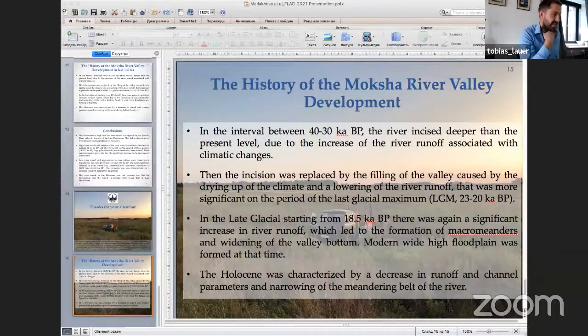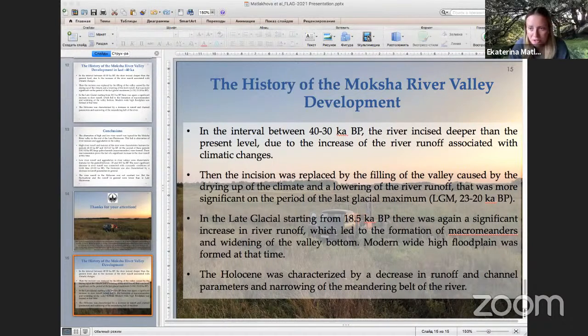Okay, thanks a lot. Are there any other questions? Yeah, I just have one more question. So you mentioned that you also did some grain size analysis on your sequences, and did you see any trends in granulometry correlating with climatic changes, or what could you conclude based on your grain size data?